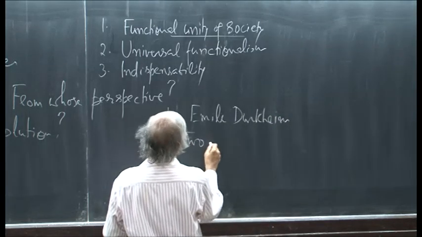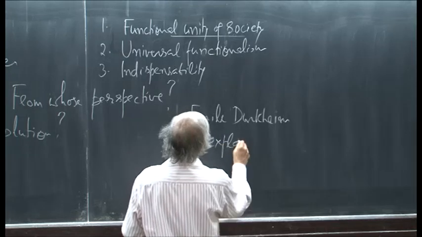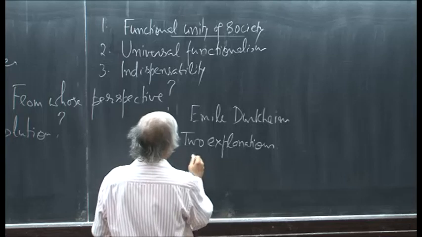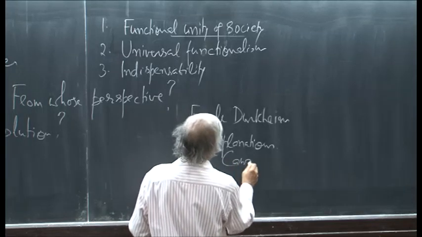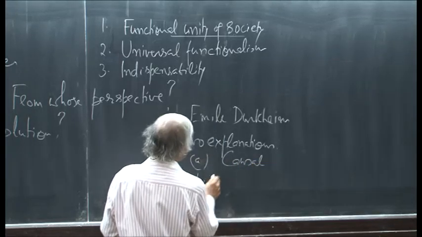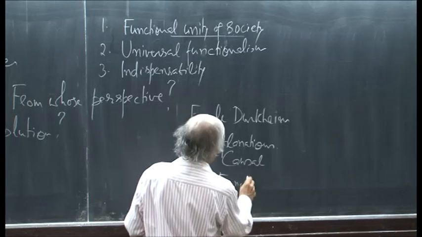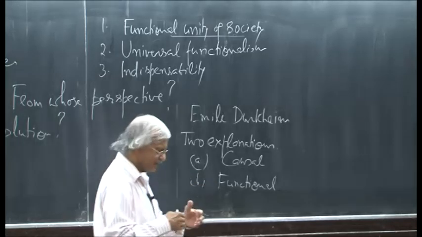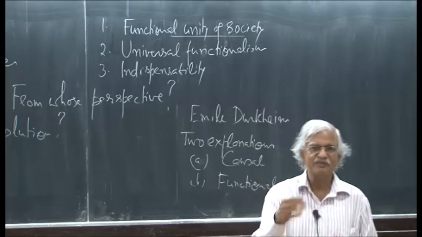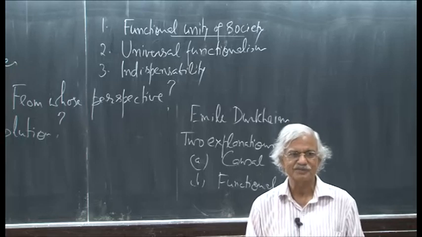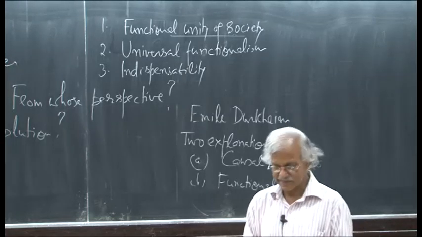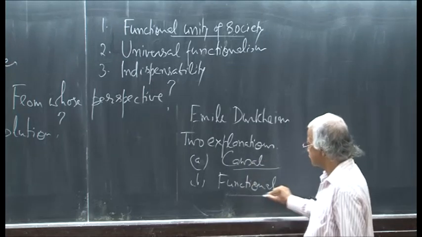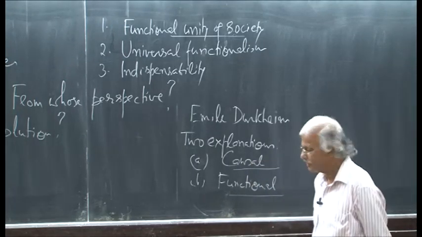Two types of explanations: causal and functional. I thought that I must mention this because this also helps in clarifying what the meaning of functionalism, or what the meaning of function is. There can be two types of explanations of social phenomena or social facts.